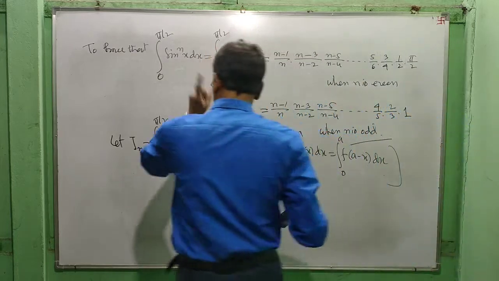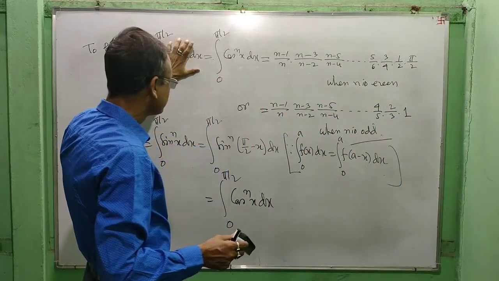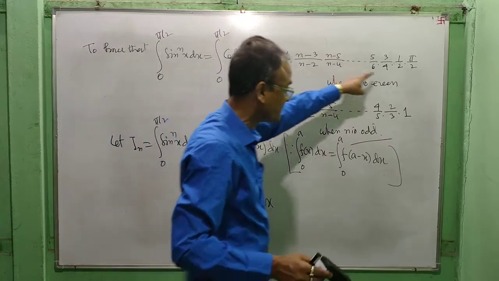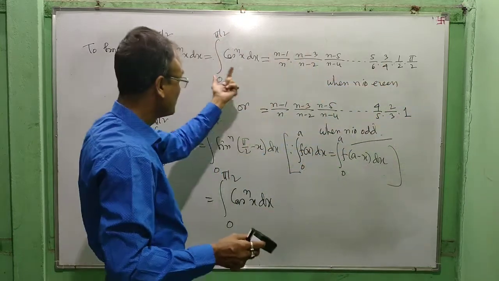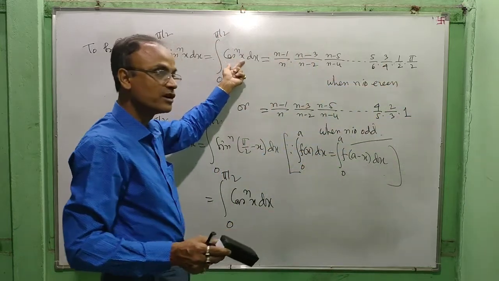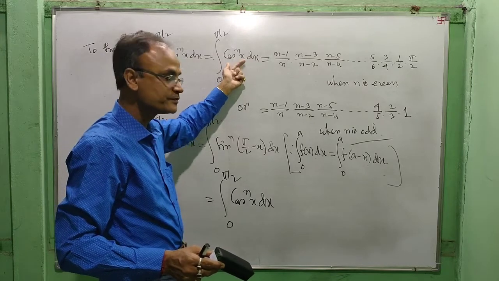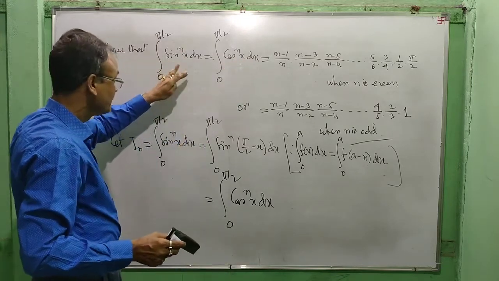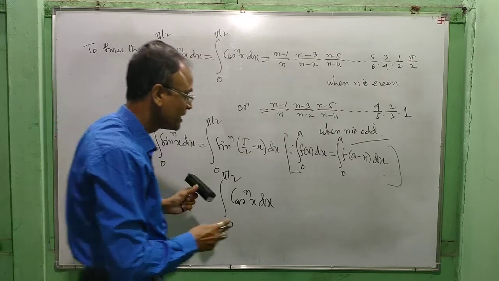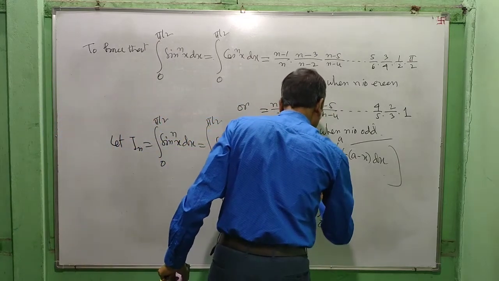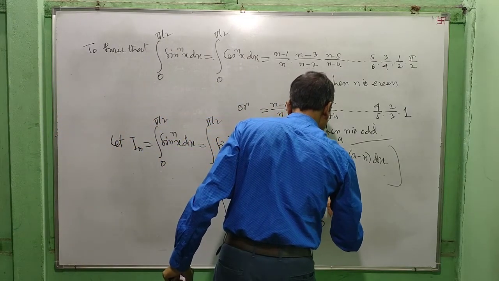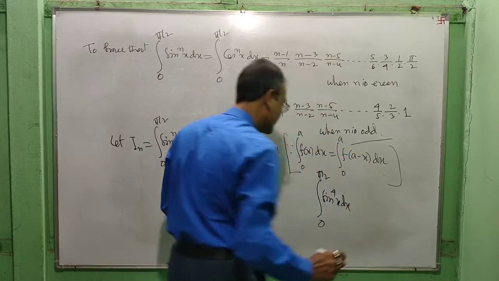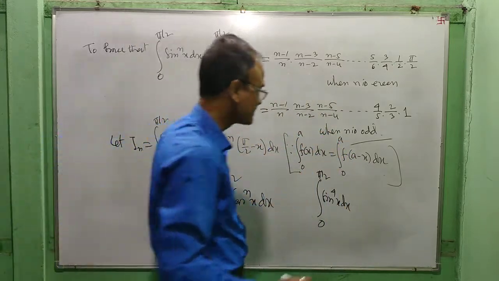Now, the formula for this sin to the power n x dx equal to this. Same formula for cos to the power n x dx also. This means if the limit is 0 to pi by 2, sin to the power 4 x dx is equal to cos to the power 4 x dx.